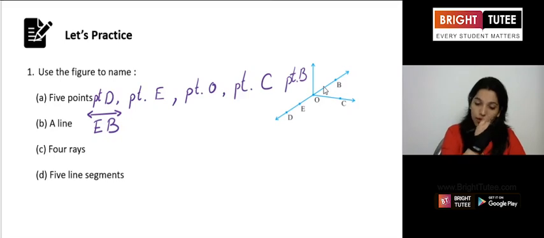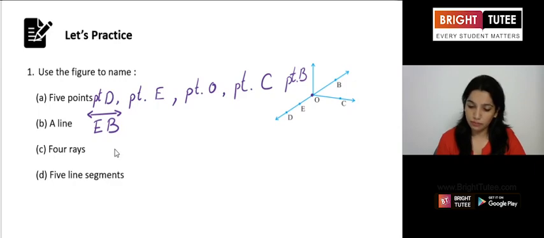Now in part C, we have to name 4 rays. A ray has one endpoint and it goes endlessly in the other direction. Keeping this in mind, let's start with this point O. I can see so many rays getting out from this point. So let's name them: OB. This is one ray.